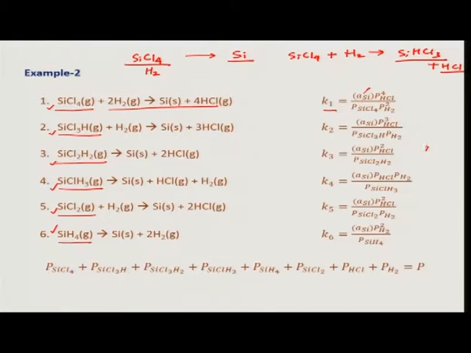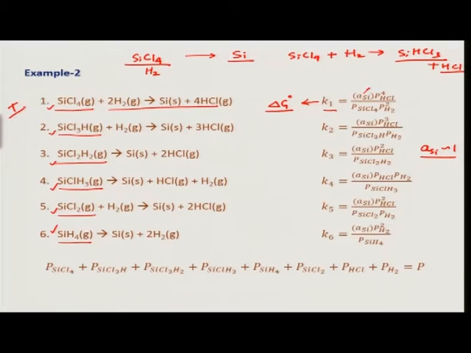Activity of silicon can be assumed to be 1. So, we have different reaction rate constants, which are defined by the delta G of the reaction, or the change in free energy for that reaction at a given temperature T.